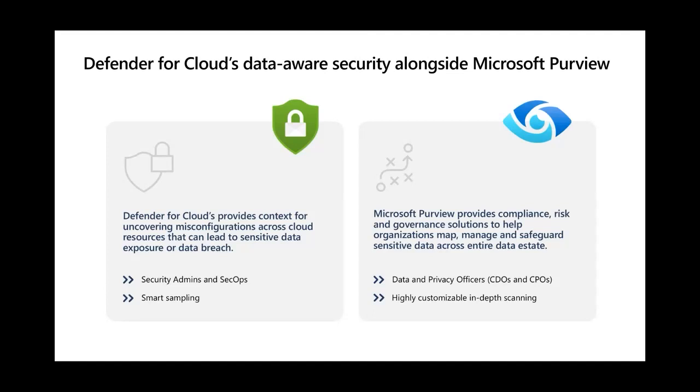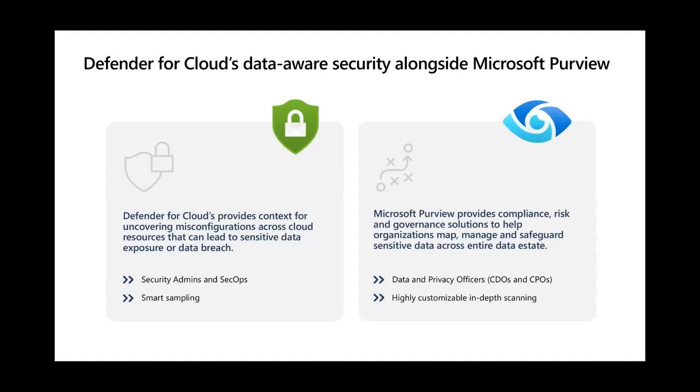So you get ultra fast results and information about the sensitive data residing in your cloud resources. On the other hand, in Microsoft Purview governance, the engine is highly customizable. It goes very in depth. It offers you many different possibilities that are closely tied to the use cases that Microsoft Purview governance offers. So in this case, the distinction is clear in the use cases and in the scanning capabilities.